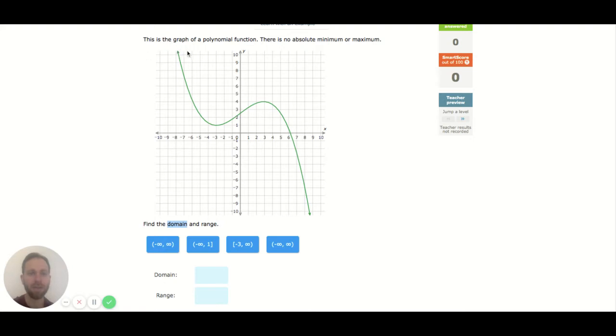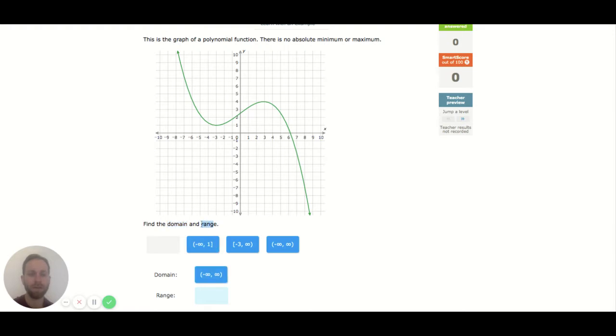So it's actually going to negative infinity. So this one's negative infinity and this one's negative infinity. Oh, and so is this last one. And let's see where it's going in terms of to the right. To the right, it's going down, but it's still going to the right a little bit. You see how it's going down and right? So it must be going to positive infinity, which means that we have negative infinity, comma, positive infinity.